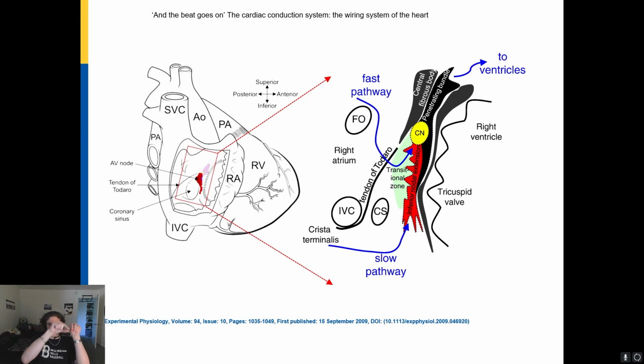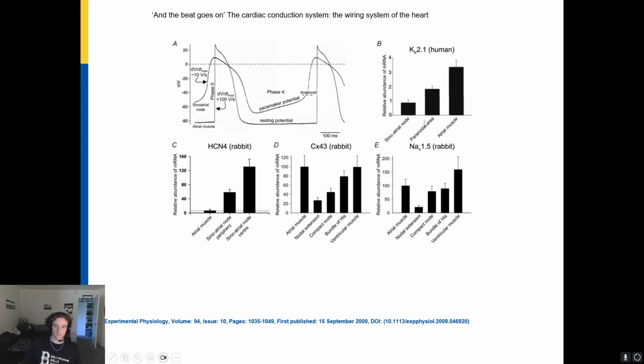It's going to be slower, smaller channels conducting that signal down. So that slow pathway has to go through this inferior nodal extension before the compact node. That kind of explains why the slow pathway is slow: because it has to go through this area with a very low amount of these big, huge calcium channels.